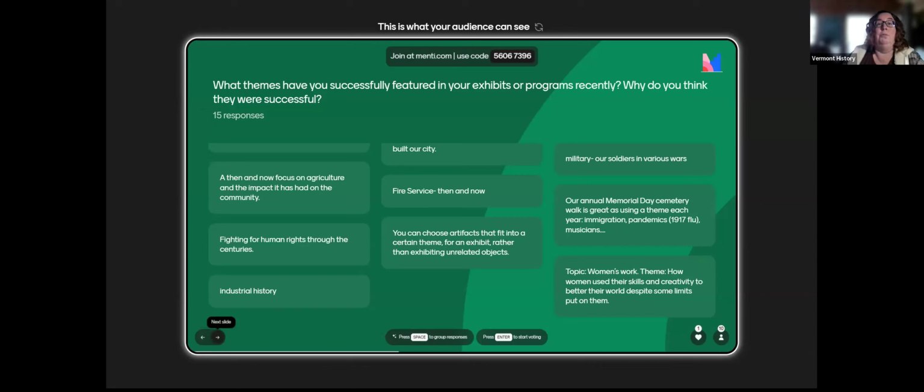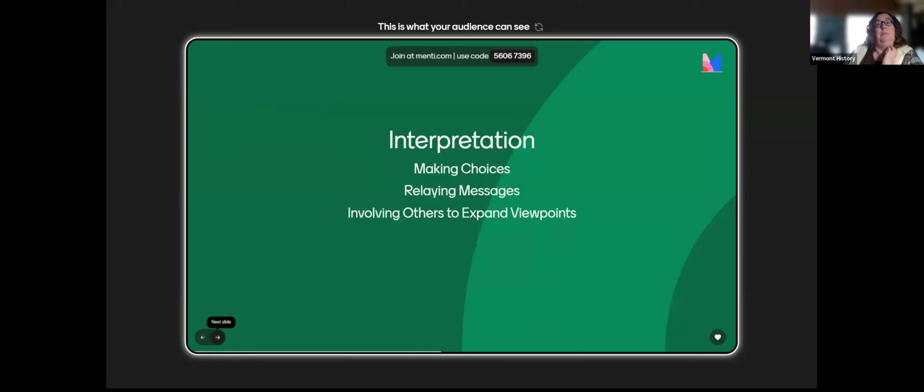I'm going to move that to the interpretation piece, which is about making choices. History is a broad thing. A theme could be a broad thing. A topic could be very broad. Interpretation is about making choices.